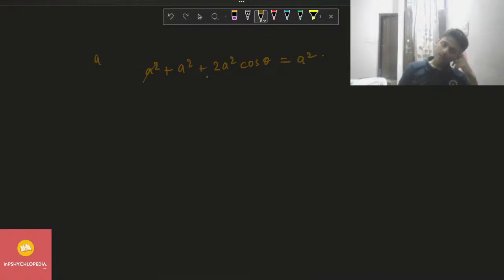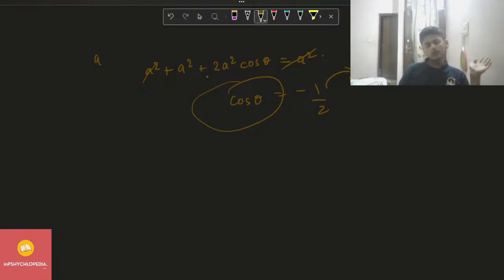So a square will cancel out, and cos theta is equal to minus 1 by 2. Cos is negative in the second quadrant, and cos of which angle is 1 by 2? 60 degrees, so the angle is 120 degrees.